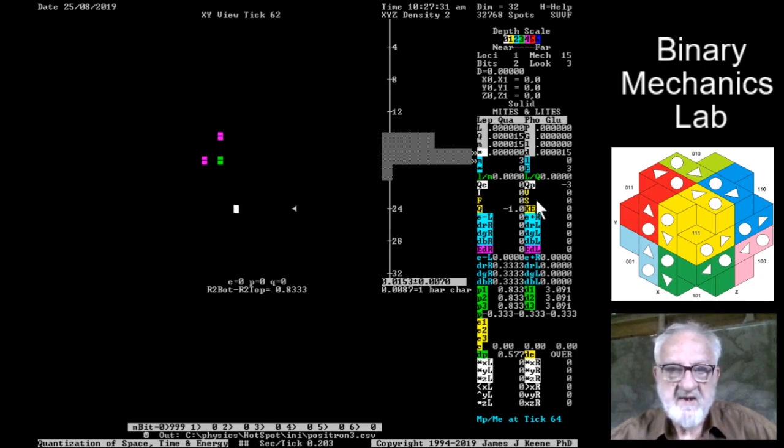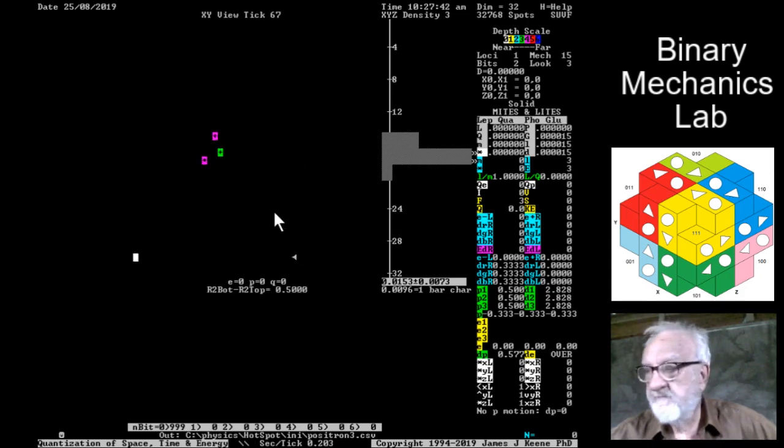Why is that? Because there is the requirement of an adjacent potential bit, either an M bit for electrostatic or an L bit for magnetic.